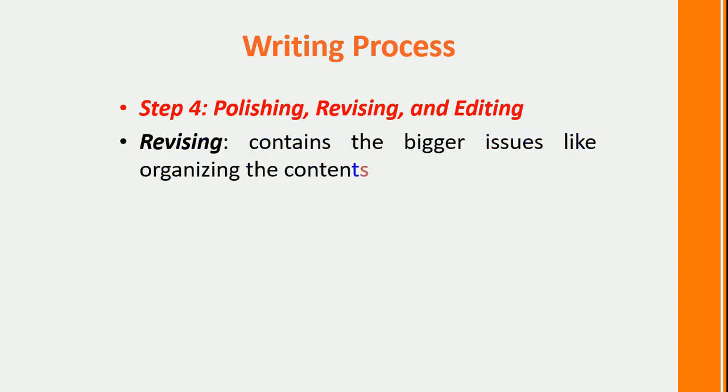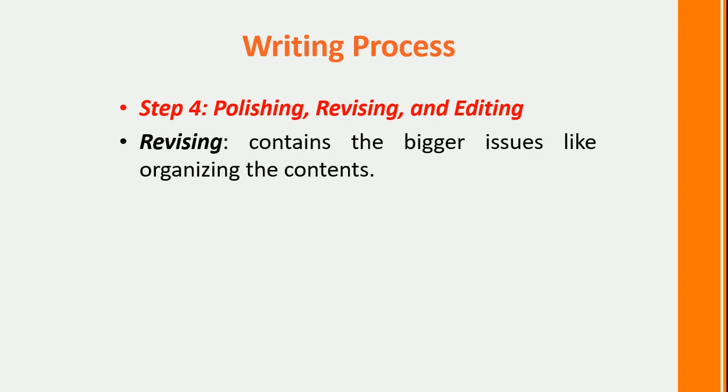What's revising? It contains the bigger issues like organizing the contents, right? We do revising whenever we want to pay attention to the bigger issues like the contents. For example, you are writing about your grandfather and suddenly you make mention of somebody else, and that really drags the attention of the reader somewhere else, and those things are not related to the contents. Now you try to make it relevant to the topic.